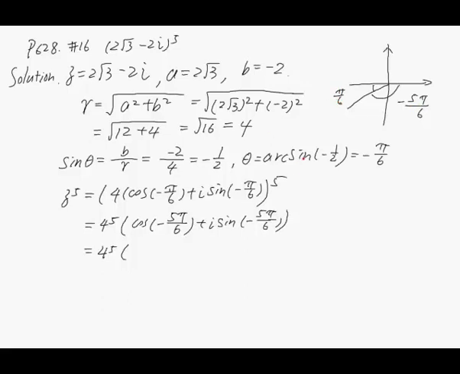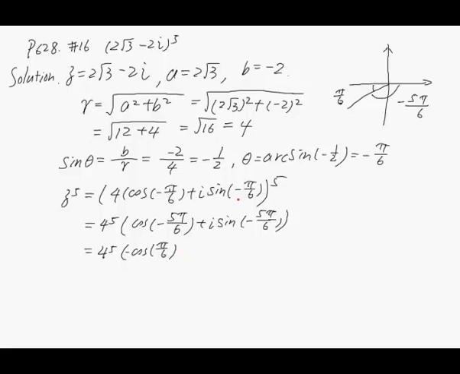So the reference angle is the pi over 6. So you have the cosine of the pi over 6. Now tell me, what is the sign of the cosine in the quadrant 3? Negative, right? So you prefix this negative sign in front of this cosine of the pi over 6.